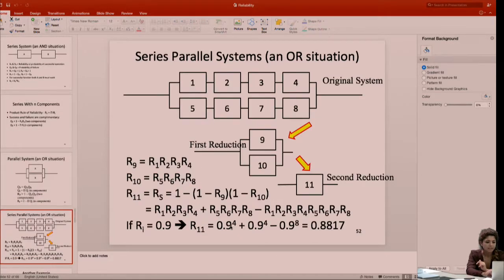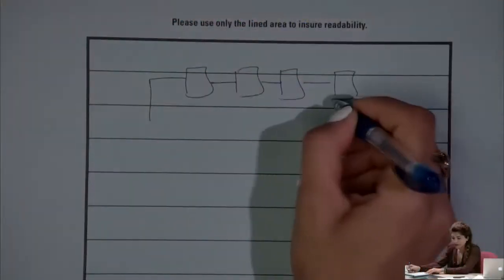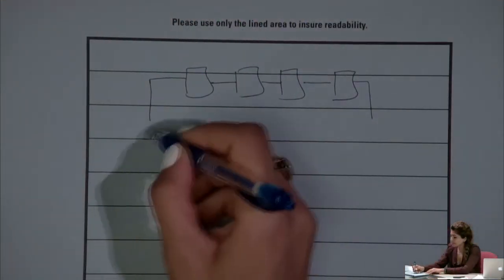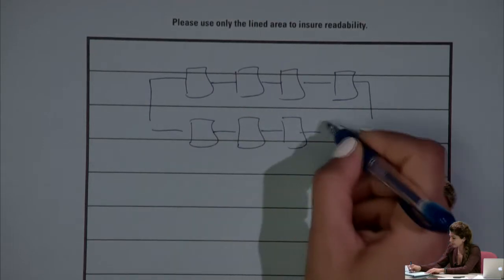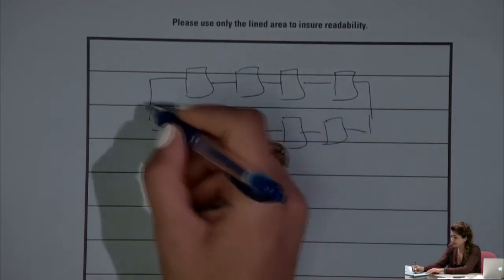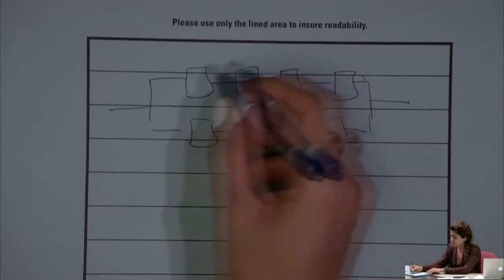And let's look at one example. I'm going to draw this example here and walk you through this slide step by step because all the information is given all at once. So in this example, you have two systems that are in parallel. We're going to talk about low redundancy and high redundancy next time, but this seems like a high redundancy system where you exactly have the same system.